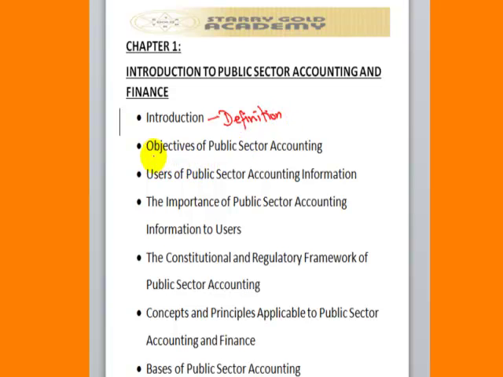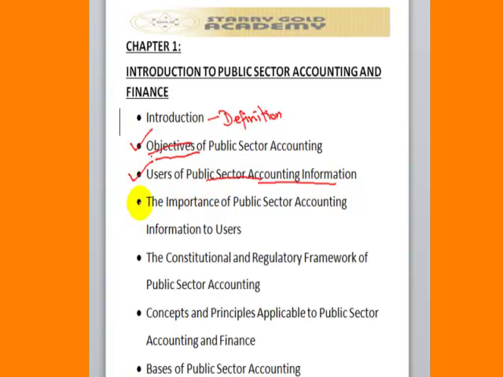After this, we'll look at the objectives of public sector accounting, and also we're going to look at users of public sector accounting information. That talks about who and who make use of public sector accounting information.